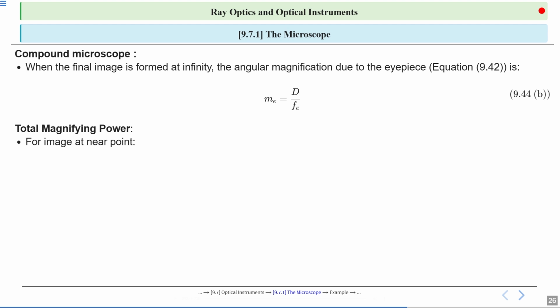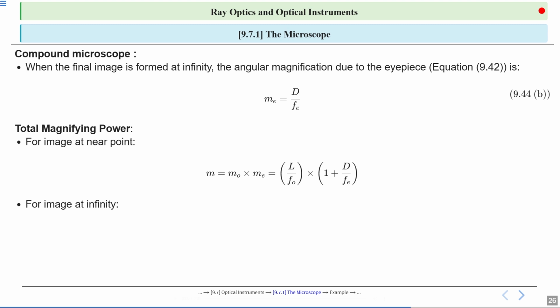For the image at the near point, the formula for total magnifying power is m equals m naught multiplied by me, equals L upon f naught multiplied by 1 plus d upon fe. Here L is the tube length, f naught is the focal length of the objective lens, and m naught is the magnification of the objective. This formula shows how both lenses contribute to the overall magnification.